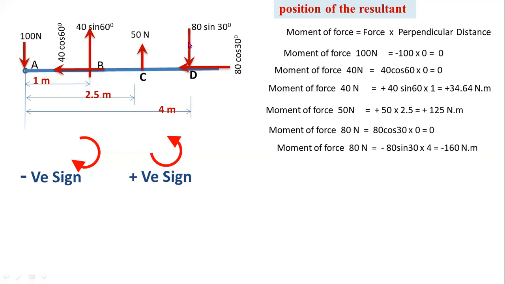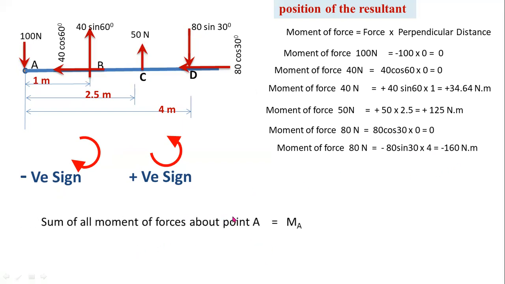For the vertical force, you can observe it is acting downward. The distance between point A and this vertical force is 4 meters. This is the perpendicular distance between 80 sin 30 and point A. It is acting downward, so it forms a clockwise couple. So minus sign for clockwise: minus 80 sin 30 into 4 equals minus 160 Newton meter, which is the moment of the 80 Newton force.